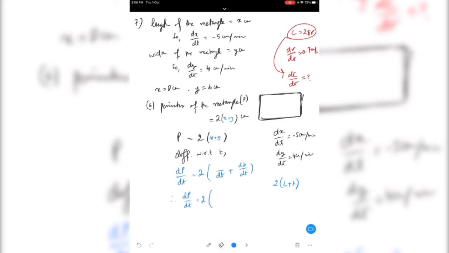Here I will write dx/dt. So dx/dt is what? Minus 5. So write minus 5 in here. And dy/dt is 4. So plus 4 centimeter per minute. Unit of perimeter is centimeter and unit of time is minute because they have used minute in here. So how much is that? Here it's minus 1. We get minus 2 centimeter per minute.